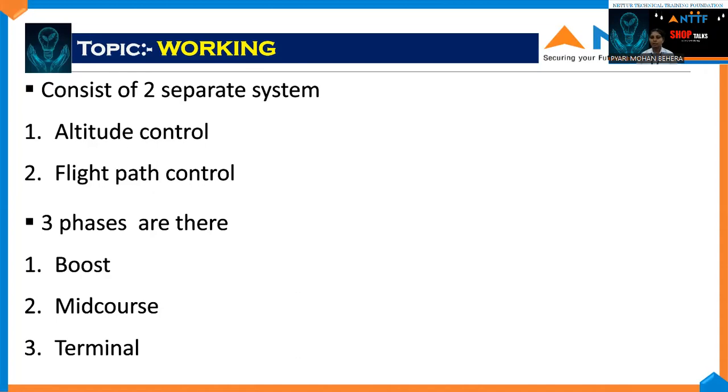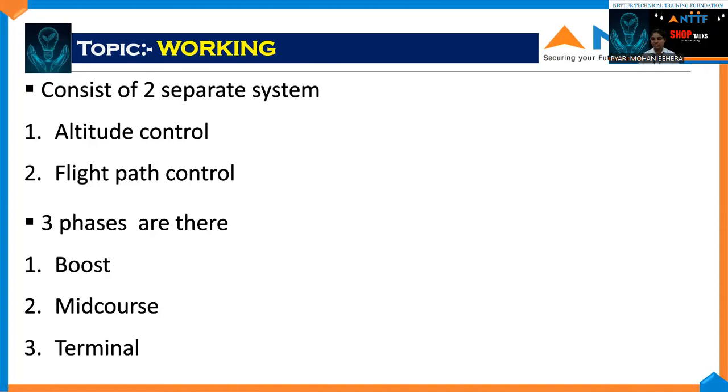Then what is flight path control? Everyone knows that every aircraft needs flight path control. Air correction and detection occur in flight path control, and the position of the target is determined in flight path control.